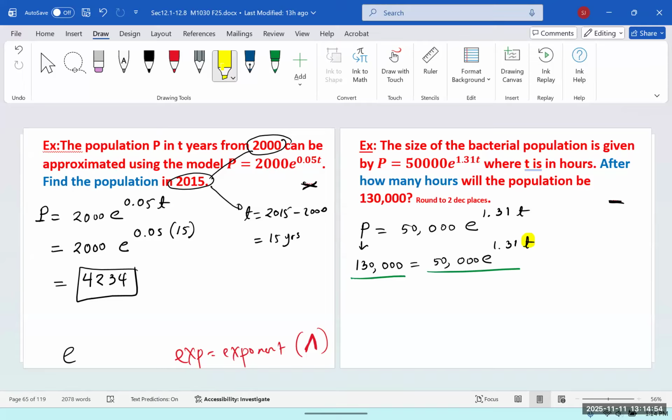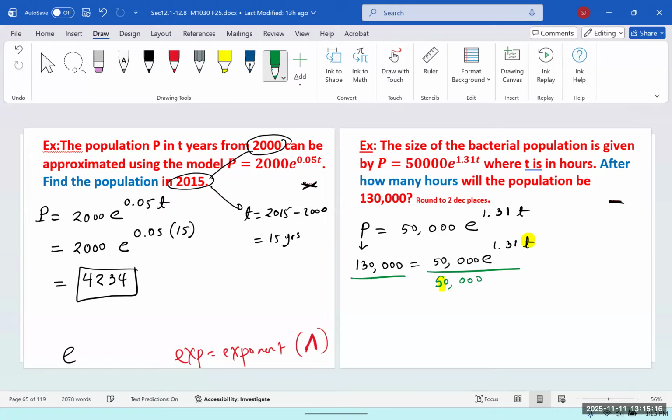Who is next to the t? 130,000 or 50,000? You need to get to the 50,000, so divide by 50,000. You told me 130,000, right? I meant 50,000. That's why I'm saying, you see it clearly.